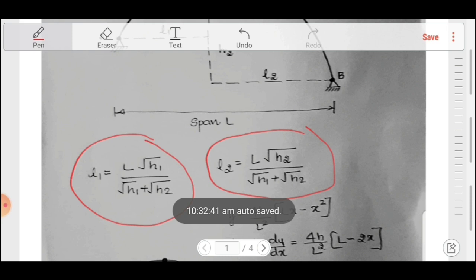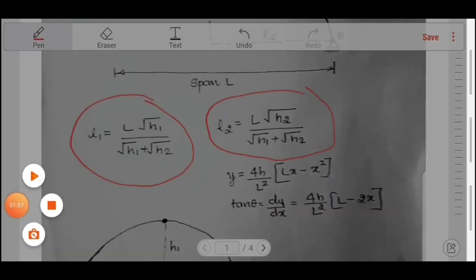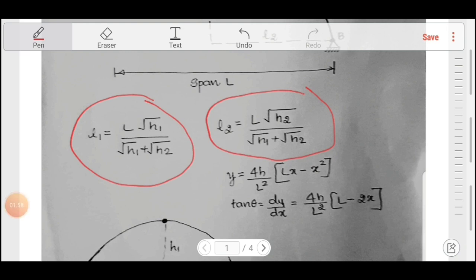Using this formula you can calculate the small length L1 and small length L2.